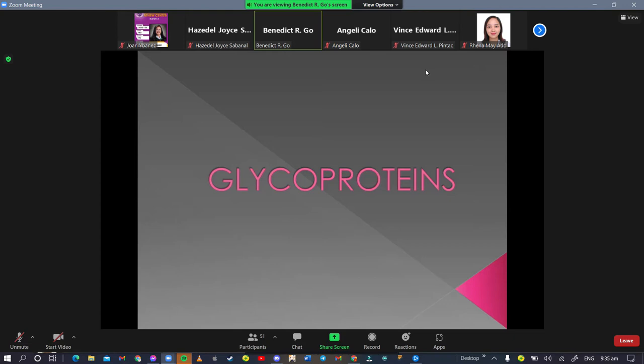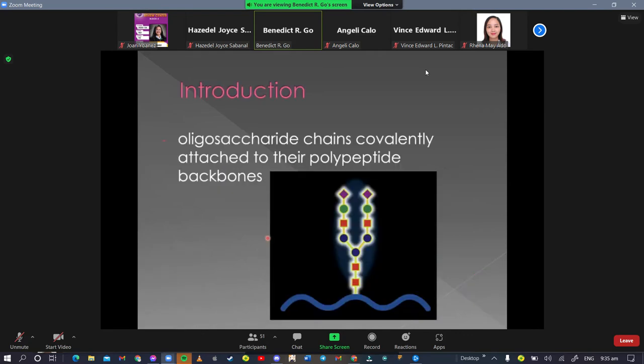To start off this morning's correlate in biochemistry, we start with glycoproteins. All right, as an introduction, glycoproteins are oligosaccharide chains covalently attached to their polypeptide backbones.